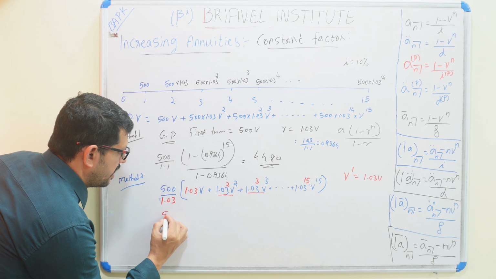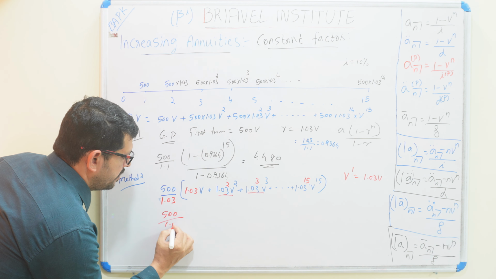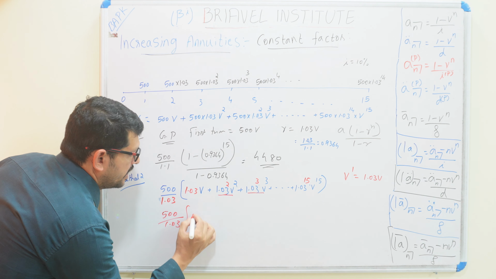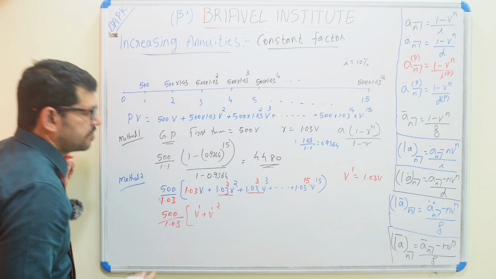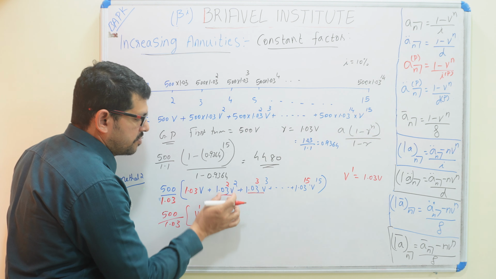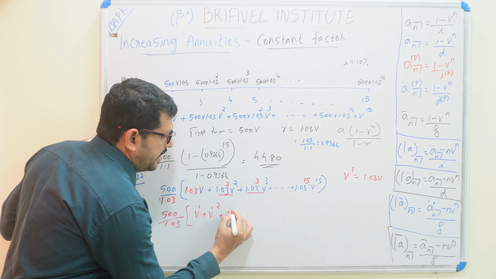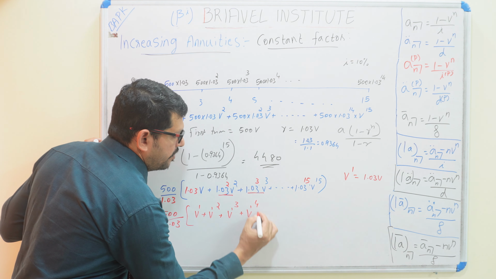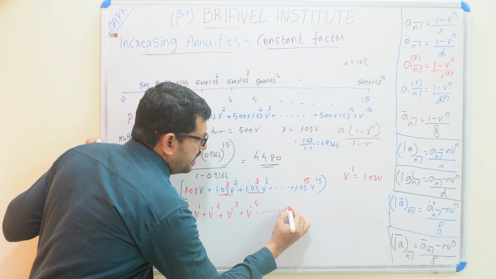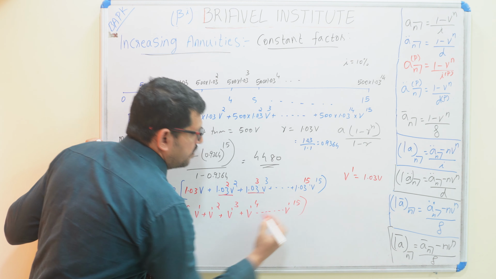So this will be 500 divided by 1.03, here it is v dash plus v dash square plus v dash raised to cube plus v dash raised to 4, up to v dash raised to 15. So this is my form.